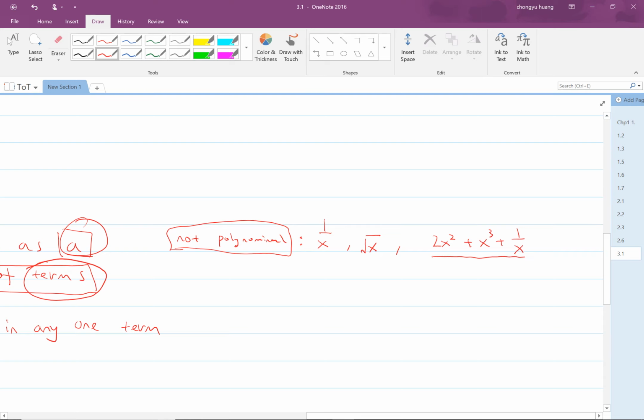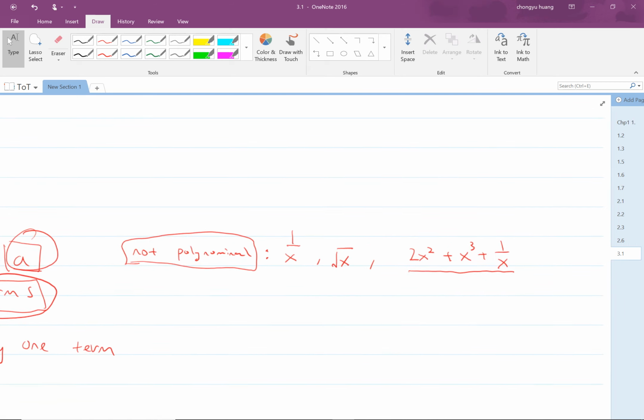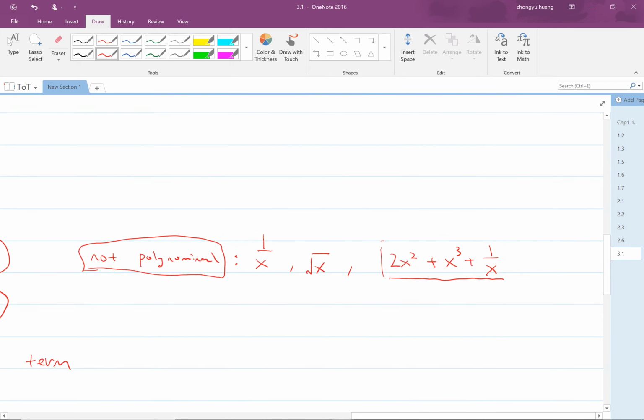As I mentioned before, a polynomial can be the sum or difference of terms. Right here we got terms, we got a sum, and this is not a polynomial because we have a 1 over x over here. Therefore, it is not a polynomial.